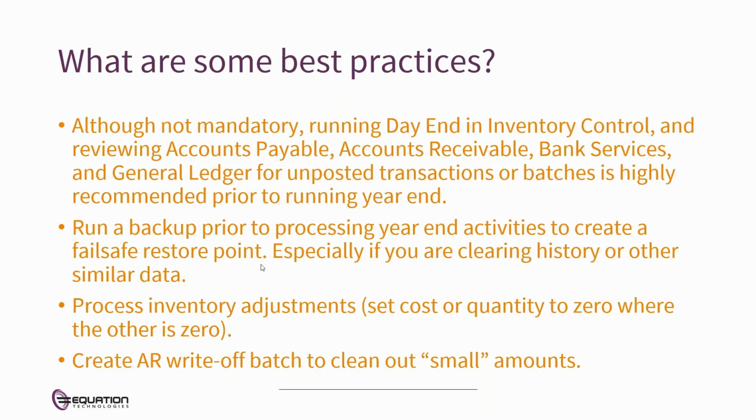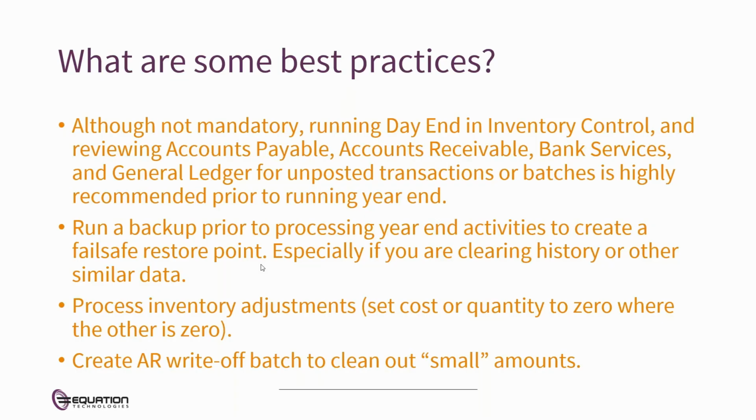This does not apply to you, but for those who use the Sage inventory control module, there's a process inventory adjustments function that lets you write off all the costs where you have zero quantities, or lets you write off all the quantities where you have zero costs. So if you've got any kind of timing issues in there, that's a good little thing to do to clear things up. The next thing is create write-off batches to clean out small amounts.